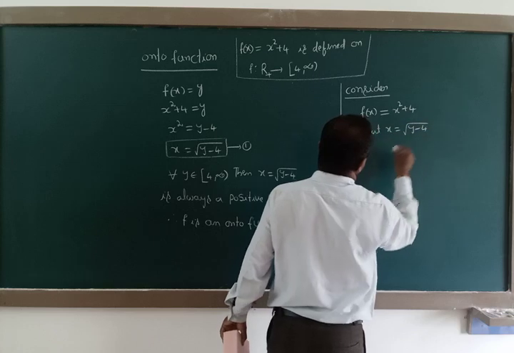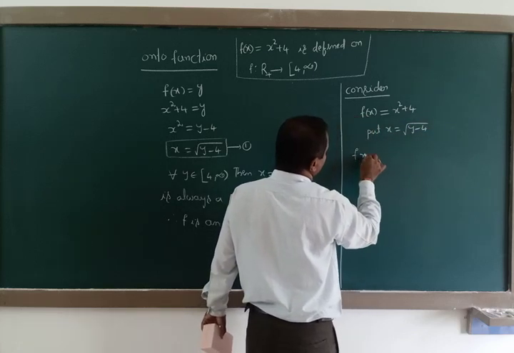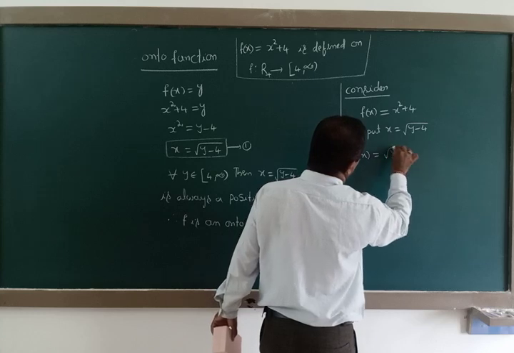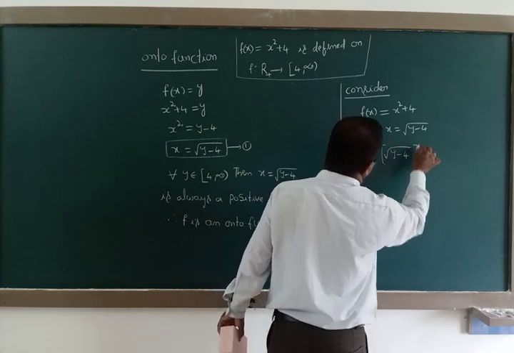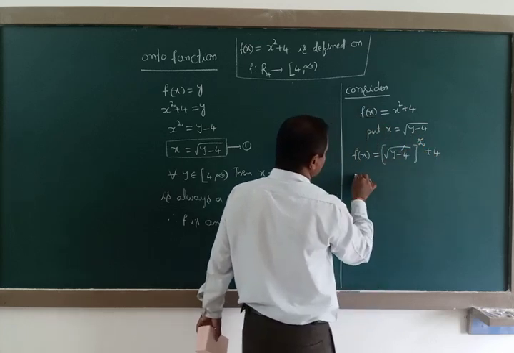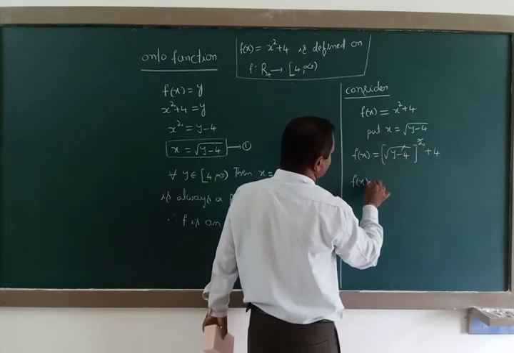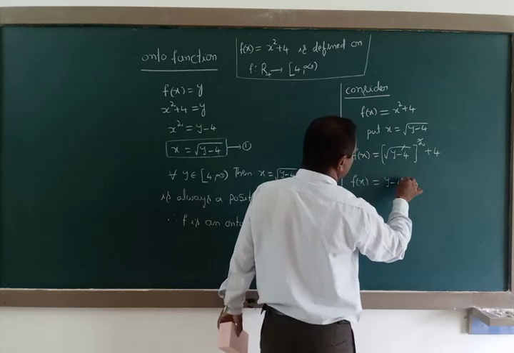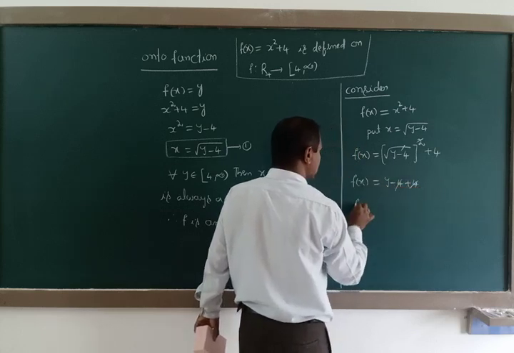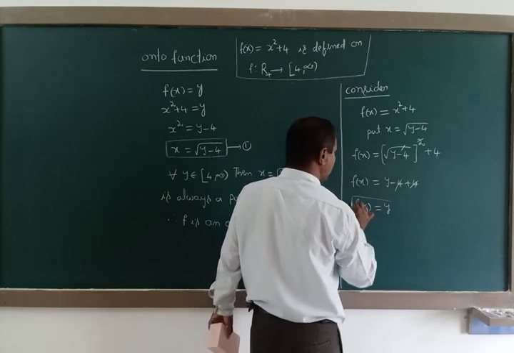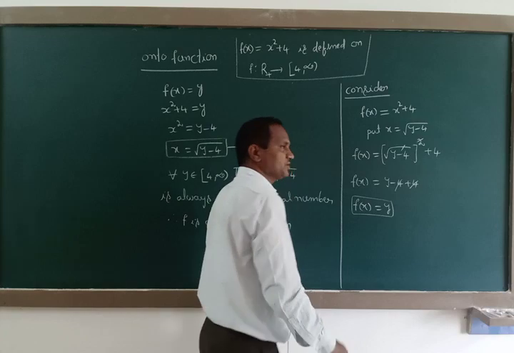That is, f of x is equal to square root of y minus 4 whole square plus 4. The square gets cancelled. Then f of x is equal to y minus 4 plus 4. Minus 4 plus 4 gets cancelled. Then you will get f of x is equal to y. It is the verification for onto function.